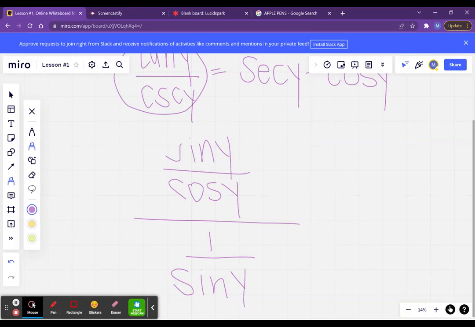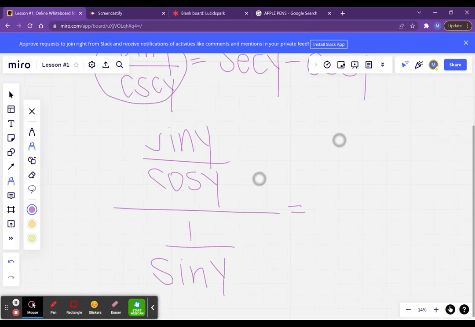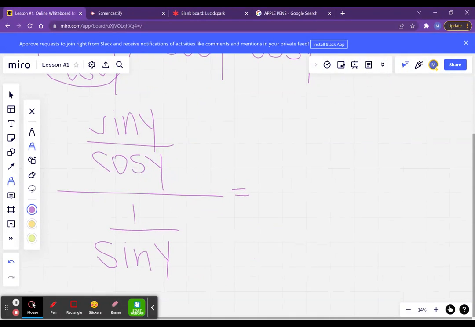Now that we have that, we can change it so that we no longer have a denominator of 1 over sine y. We can rewrite it as sine y over cosine y times sine y over 1.